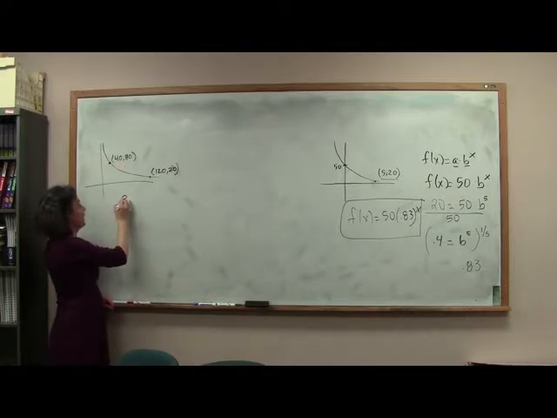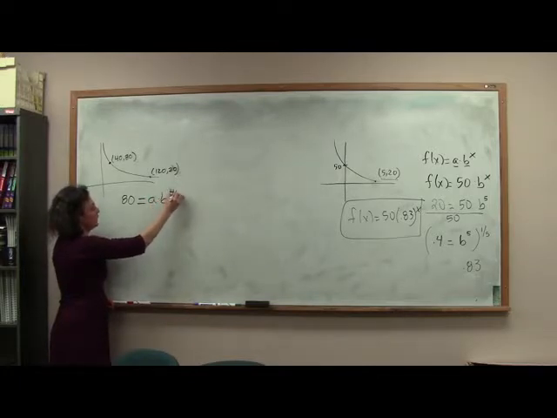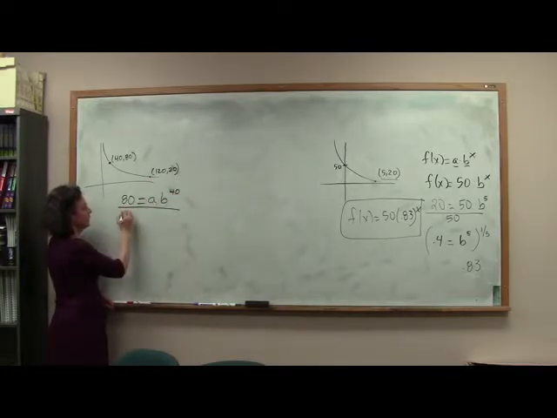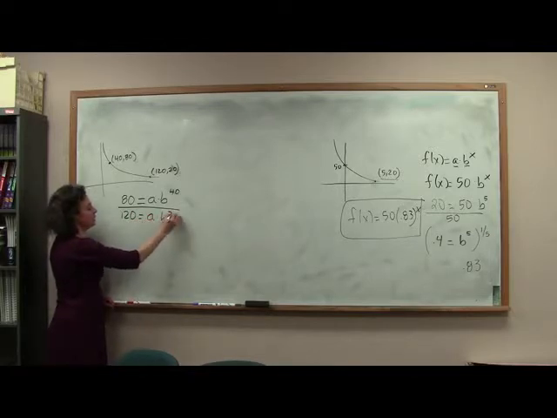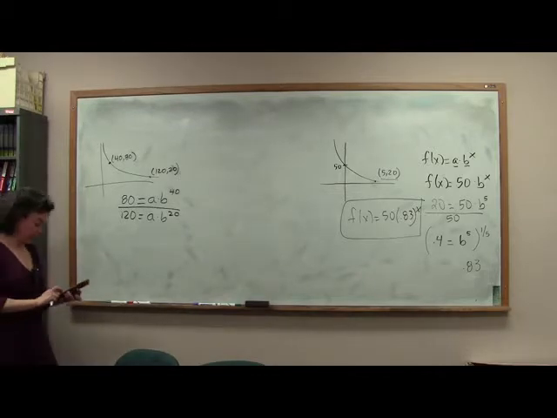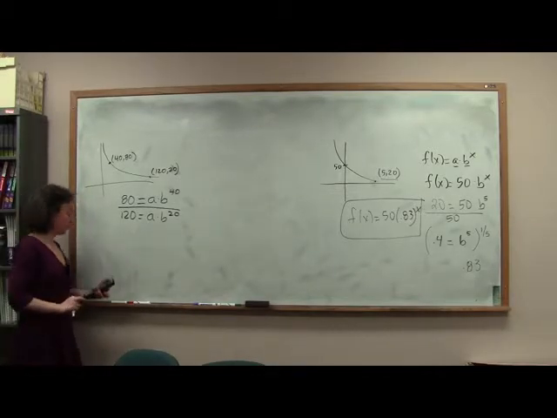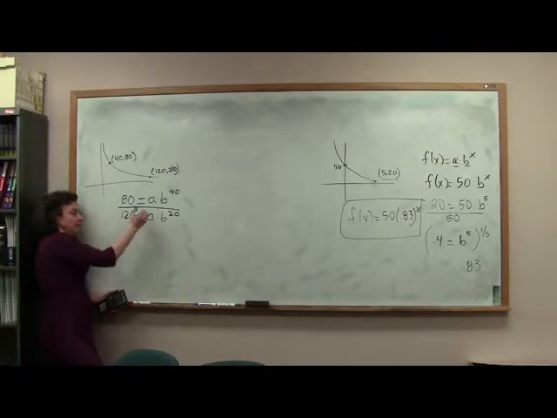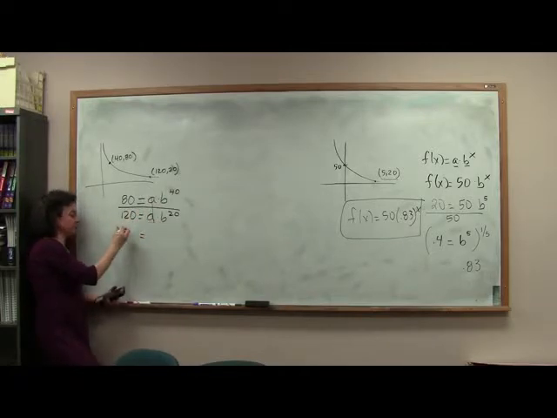I could say that 80 is equal to a times b to the 40th. And 120 is a times b to the 20th power. Okay? So at this point, well, the a's cancel. Over here, we can reduce that down. This reduces down to 2/3.